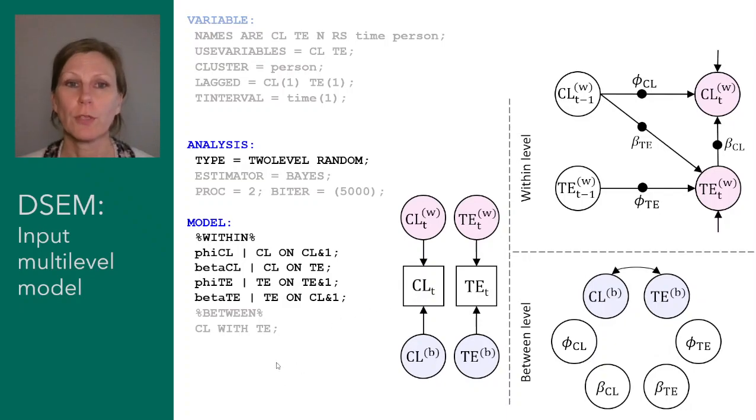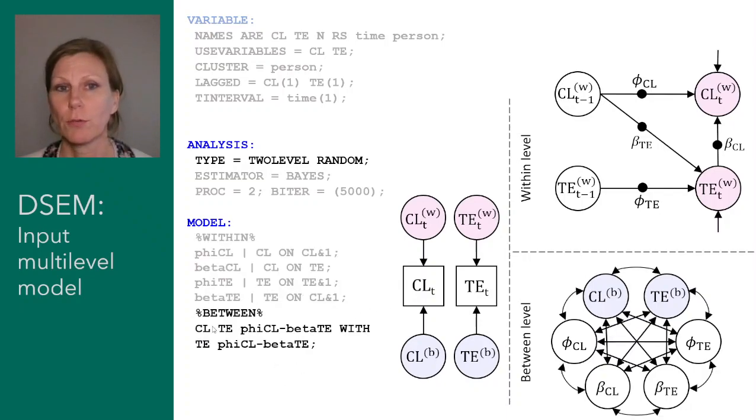Now when we move to the between person level, what we can do is, for instance, specify that all these random effects are correlated with each other. So what I say is CL, TE, and then I say phi CL dash beta TE. That means if you look at the code, I first specify phi CL and then some others, and the last one I specify is beta TE. So if I use this dash, all of these are included in this part.